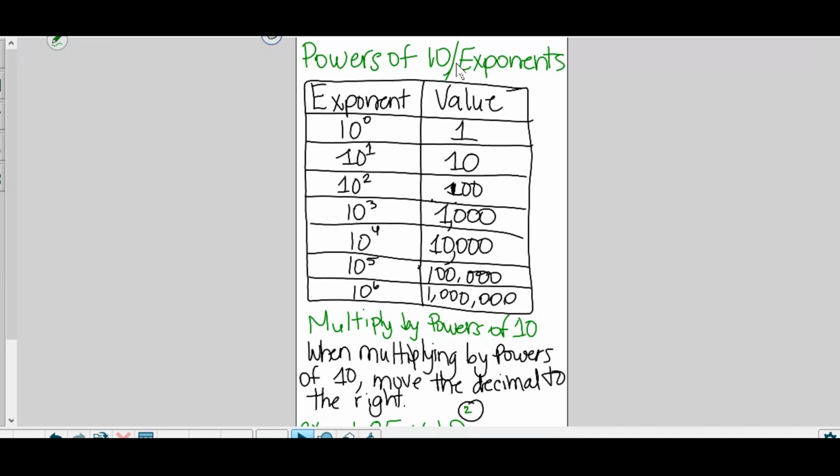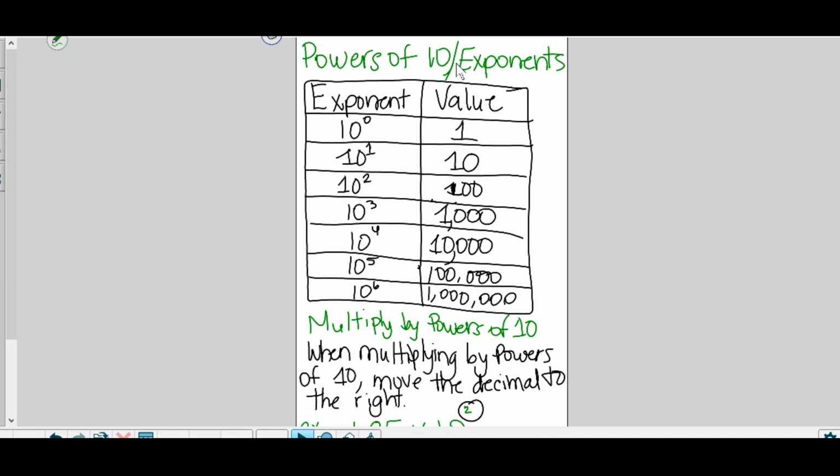Okay, so looking at our chart, on the left-hand side, we have our exponents. On the right-hand side, we have the value of the exponent. So 10 to the 0 power, that's basically saying that we're having 10 and we're going to multiply it by nothing, basically. Normally, it should look like a 0 because nothing times anything is nothing, which means 0.